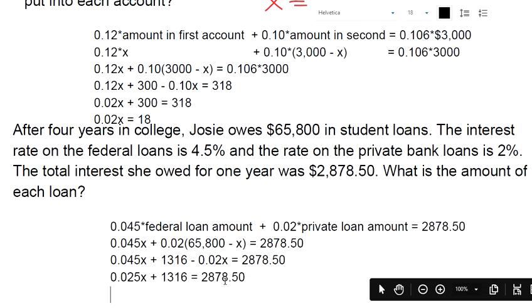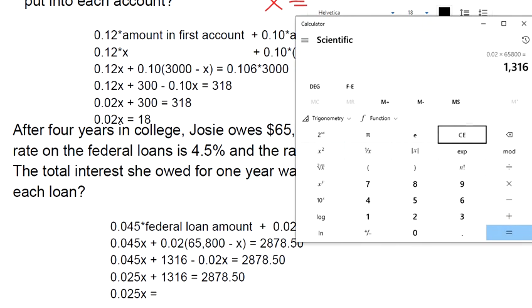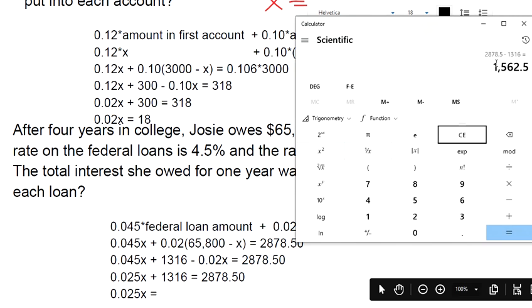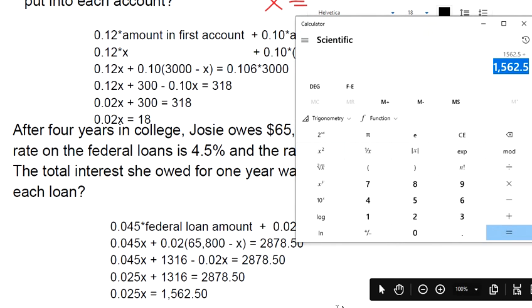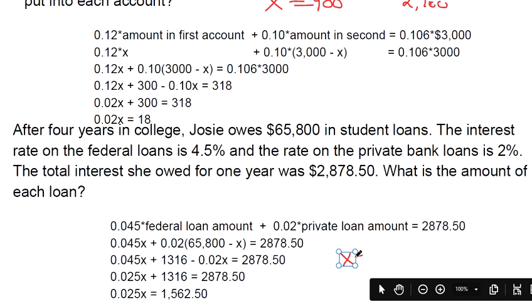Then we subtract 1,316 from both sides, which gives us $1,560.50. The last step, that's 0.025 times x, so we undo multiplication with division. It looks like 62,500. Wow. $62,500 came from their federal loans.